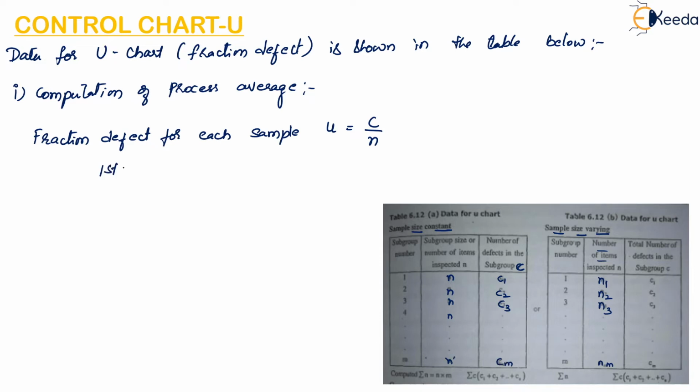For the first sample, U1 is C1 by n1. For the second sample, U2 is equal to C2 by n2.